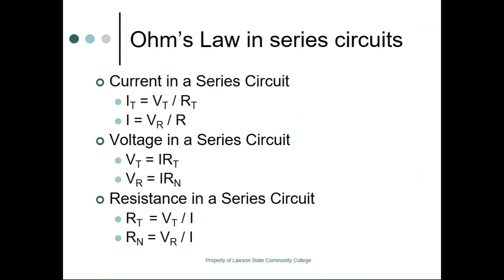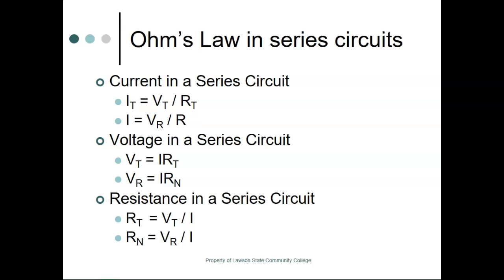So what we mean by VT, that's voltage total. Anytime you see a little t beside the big letter, all that means is that you've gone from just one circuit where you have one resistor in it to one with multiple. VT stands for voltage total. RT is resistance total.